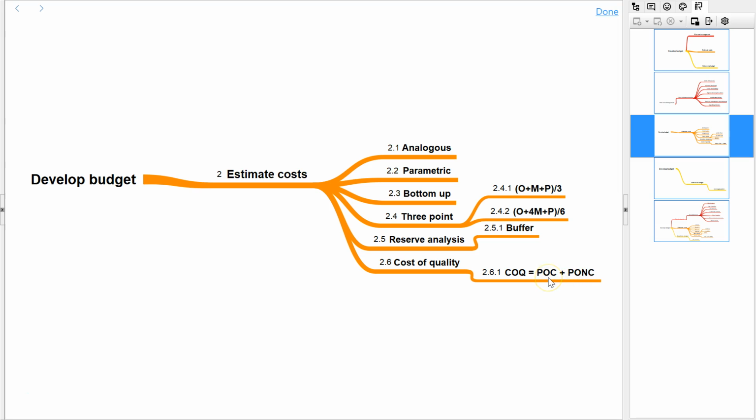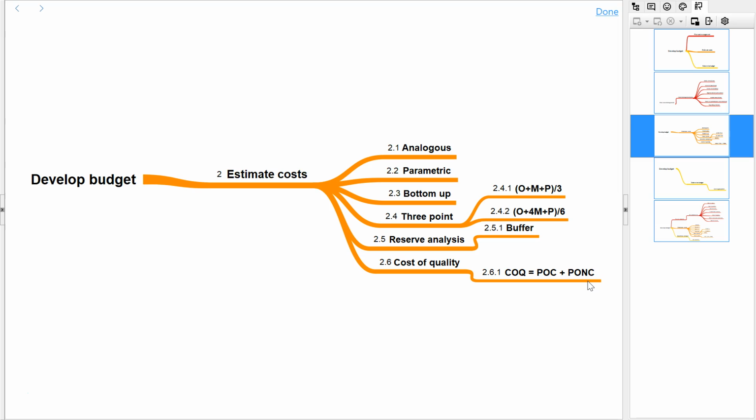The price of conformance part comprises all the tasks we are doing to prevent problems from happening. That comes under price of conformance. Whereas price of non-conformance is all the rework and defect fixing, customer complaint handling, reconstruction.